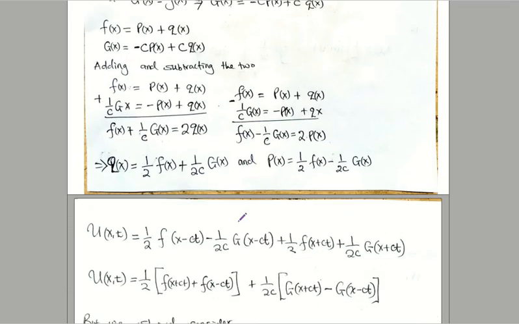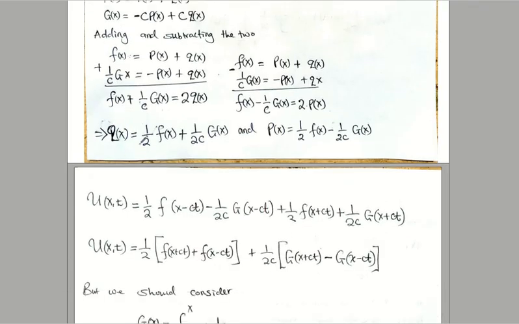And this is what we are replacing here. We are replacing q with the q of x plus ct and p with the p of x minus ct. So where we had p of x minus ct, we have a half f(x minus ct) minus 1 over 2c G(x minus ct), and q of x plus ct gives us the second and the third components of this equation.